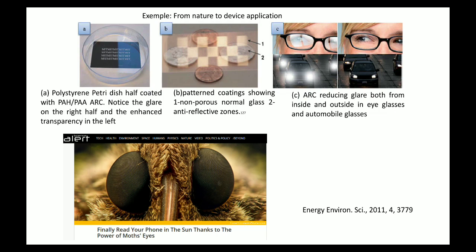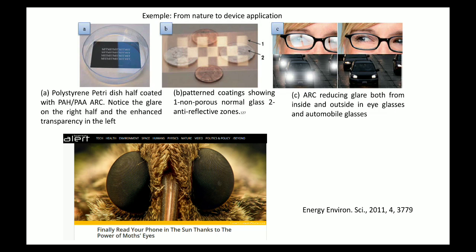However, the region shown by the arrow number 2 is the anti-reflective zone. The glass is the same, but only in the region where the anti-reflective coating is present the transparency is very high, and because of that you are able to see the backside of this glass. Okay, so this is an advantage of the anti-reflective coating.